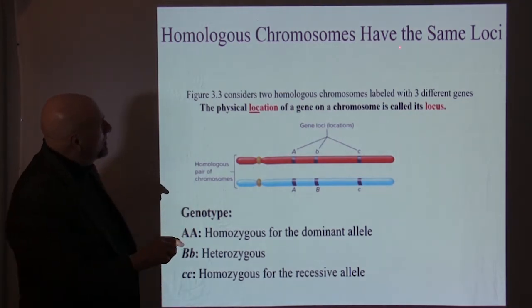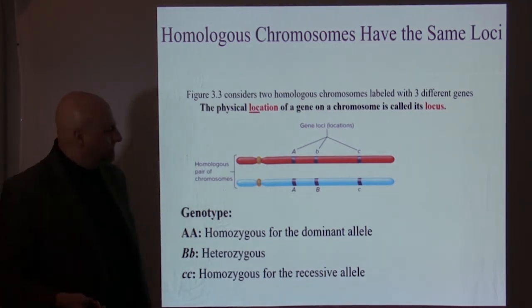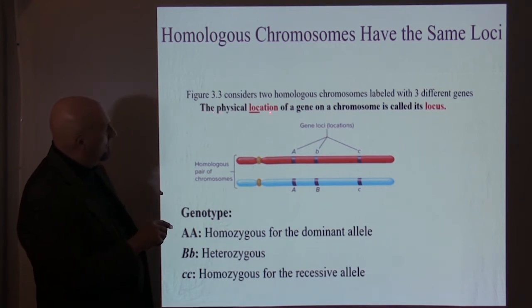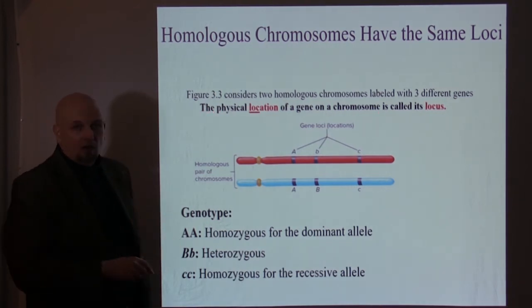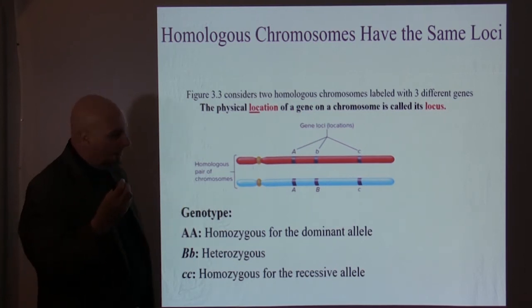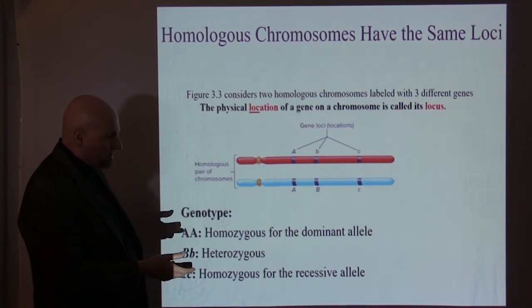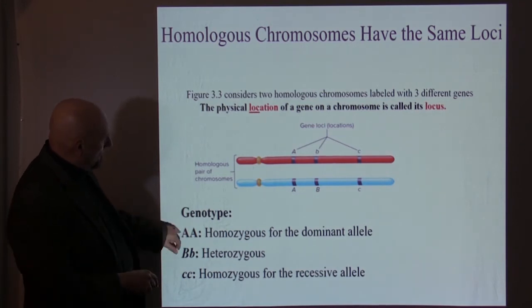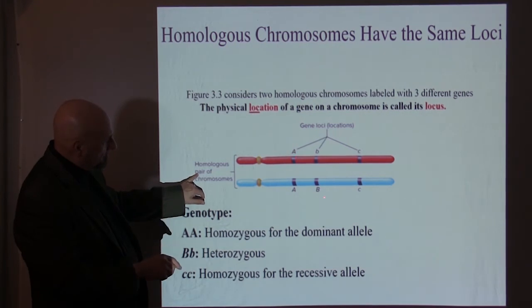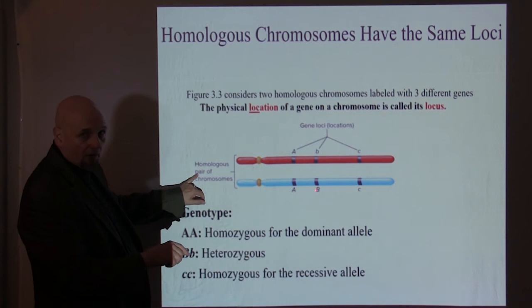Now, homologous chromosomes have the same loci. The locus is the physical location of a gene on the chromosome. Locus is the singular form of loci. So A and A is the location for the gene A. Notice here, this is one allele of this particular gene, and this is the other allele of this gene.